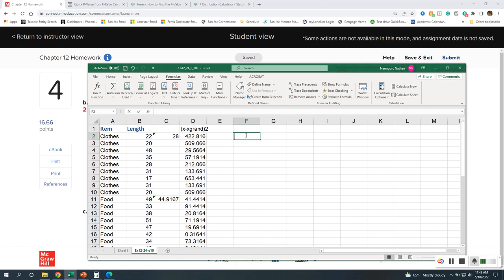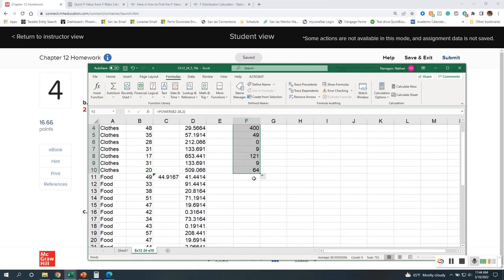And we're going to do this. We're going to equal our x, or again, our power. So let's put power first. Power B2 minus 28, comma, squared. There's those numbers.